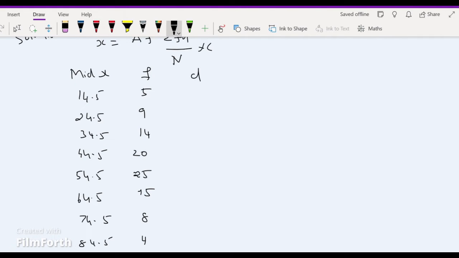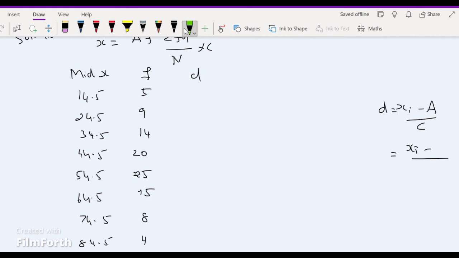Now find d. How to find d? Already we know that d is equal to xi minus A by C. How to find A? Check the mid values. In this problem there are 1, 2, 3, 4, 5, 6, 7, 8.